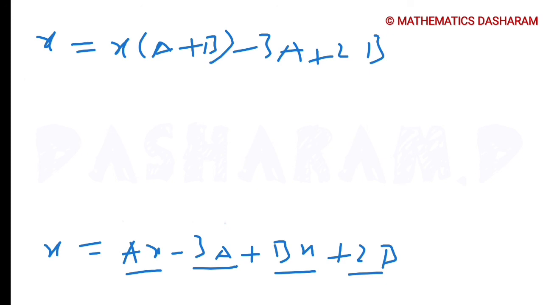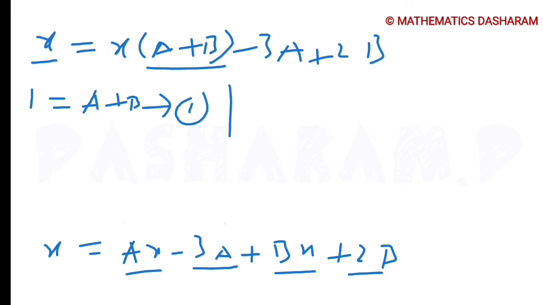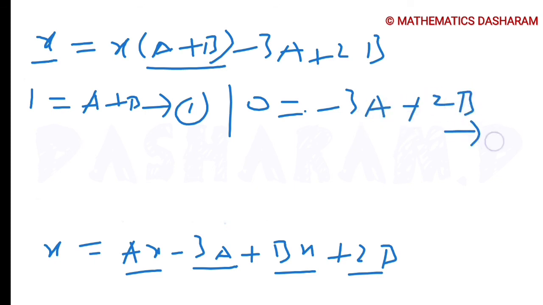So now what we have to do, equate the coefficient of x on both sides. Here x coefficient is 1 and here x coefficient is a plus b, equation 1. Next constant numbers: left side there is no constant number, so take it as 0, and right side constant number is minus 3a plus 2b, equation 2.